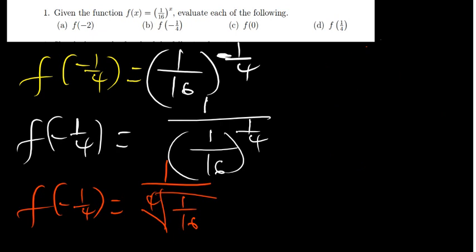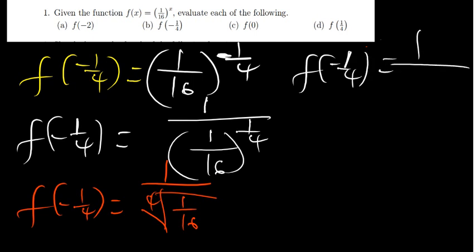Then we can see that f of negative 1 over 4 is going to be 1 over the fourth root of 1 over 16. The fourth root of 1 is 1. Then the fourth root of 16 should be 2. 2 times 2 is 4, 4 times 2 is 8, 8 times 2 is 16. So I have my 16 here.